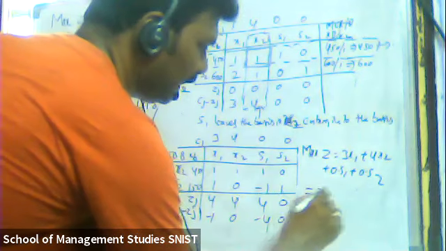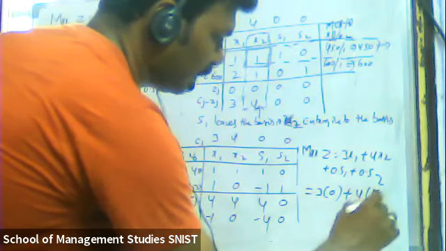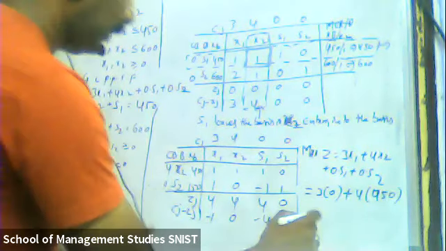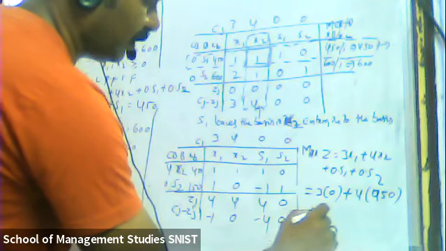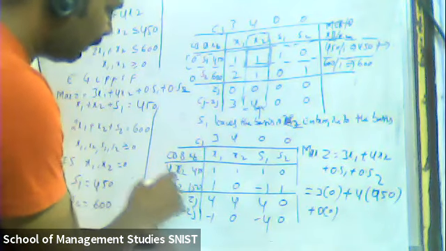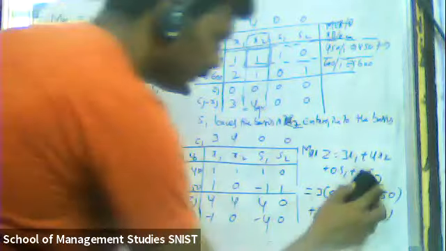So 3 into 0 plus x2 value, which is 450, so 4 into 450. What about S1? It is 0 into 0. What about S2? Whatever its value, it becomes 0 into 150. Is it clear? Yes, sir.